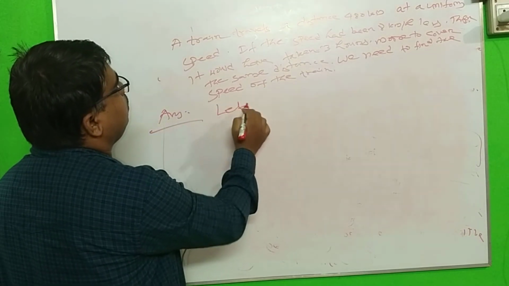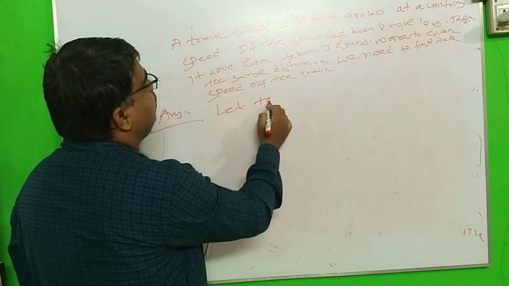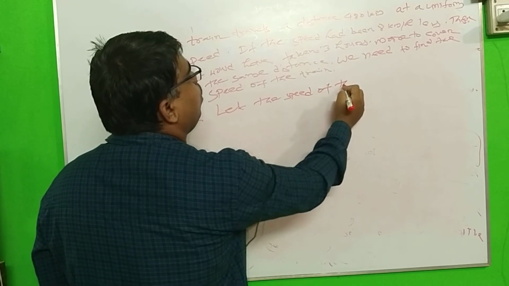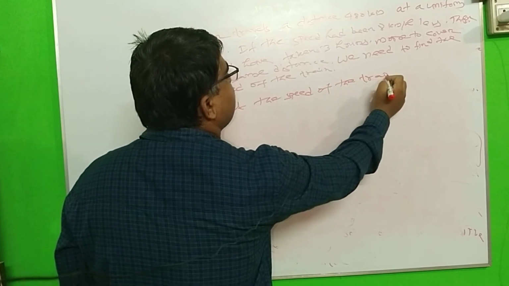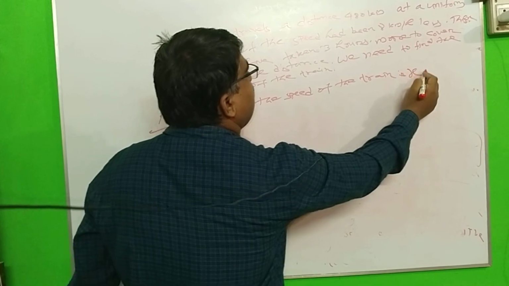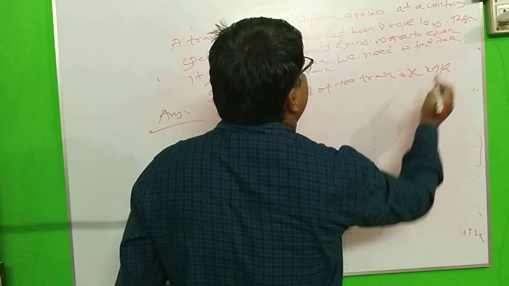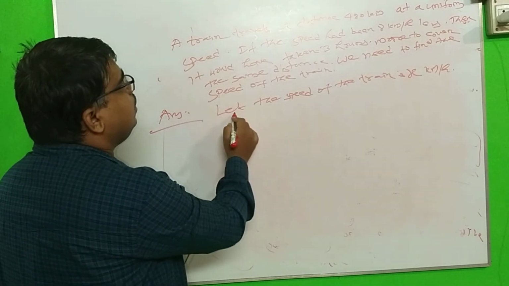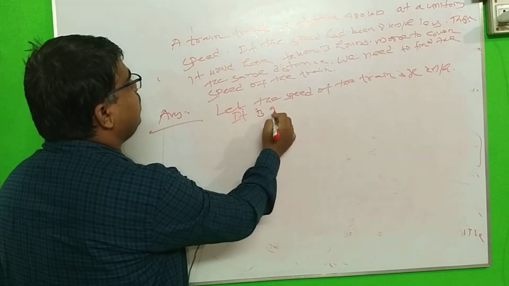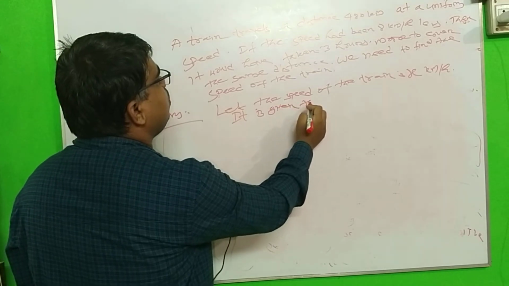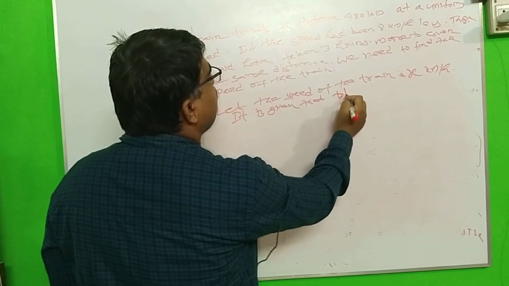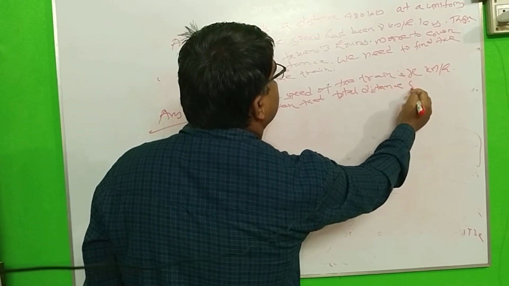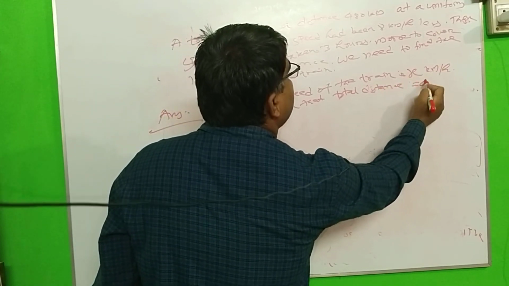Let the speed of the train be x km per hour. It is given that the total distance is 480 km.